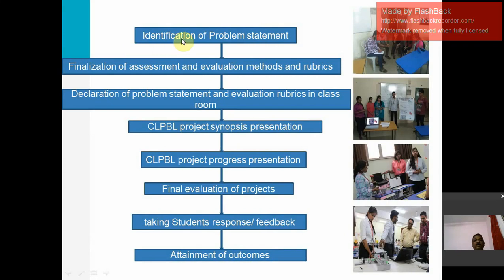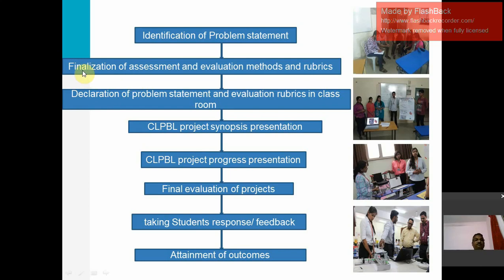So first is identification of the problem statement. So the PBL mentor will make a list of problems. Problems may be 8 problems, 10 problems. So out of these 8 to 10 problems, each group will select one particular problem according to their choice.